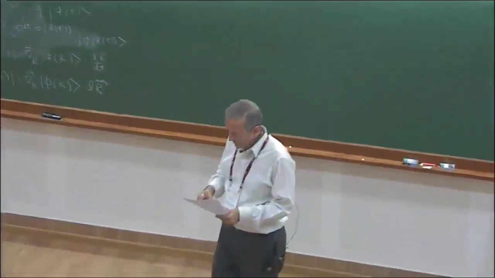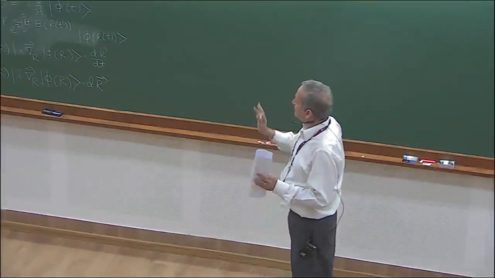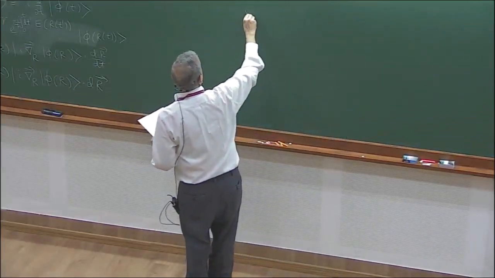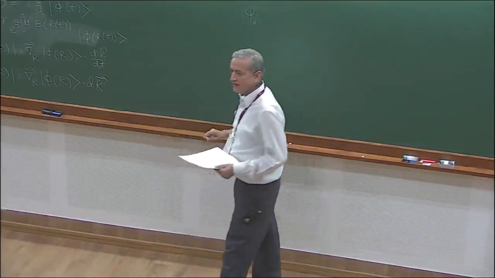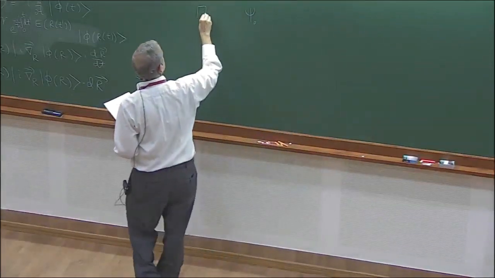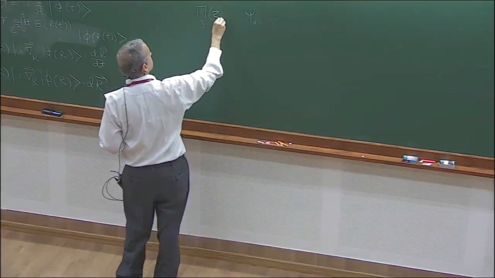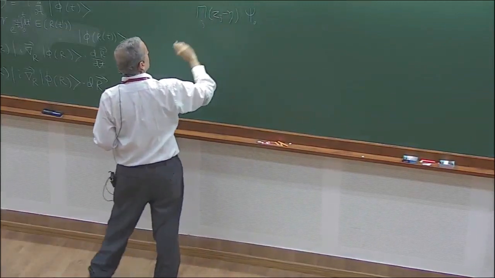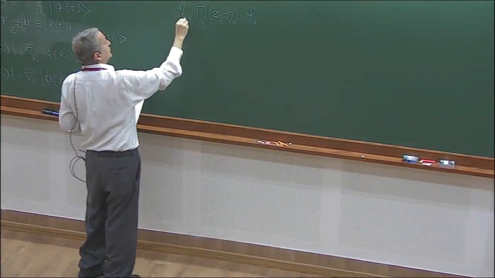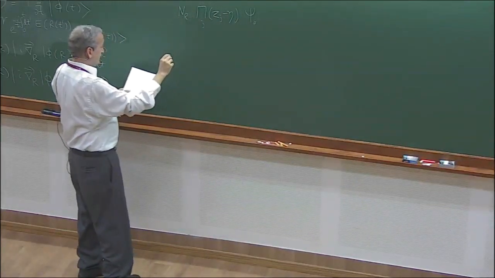So the calculation I'm going to do is the following. I will take some wave function and create a vortex in it. Let's say I will even put in some normalization constant, and I will call that wave function psi eta. So eta tells me where the vortex is.